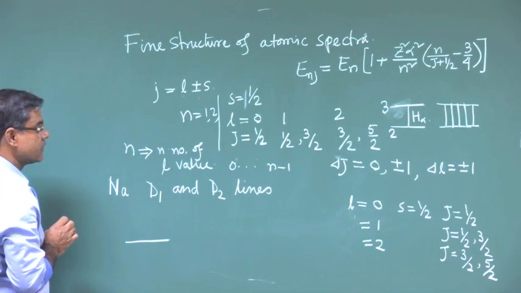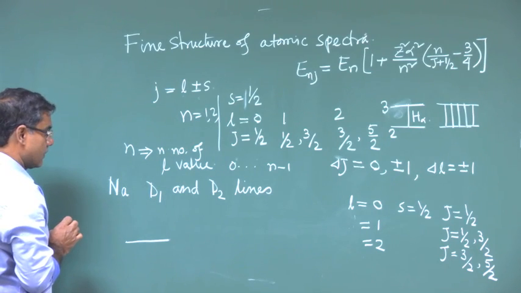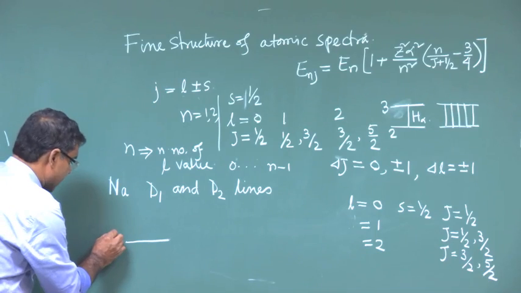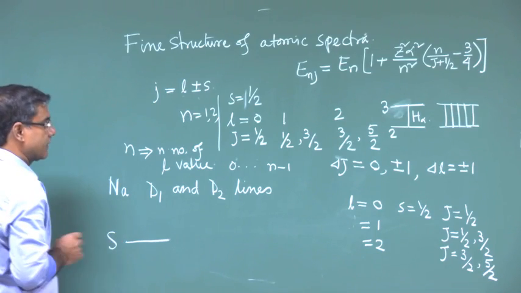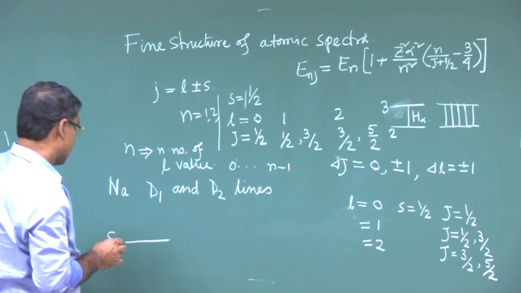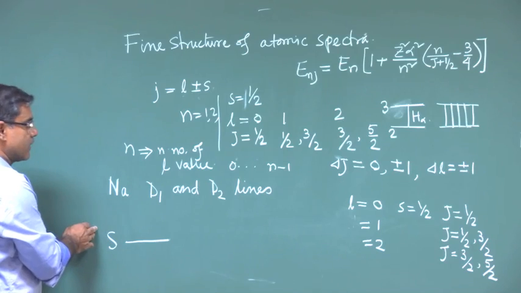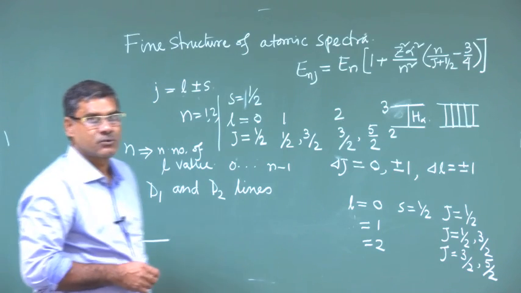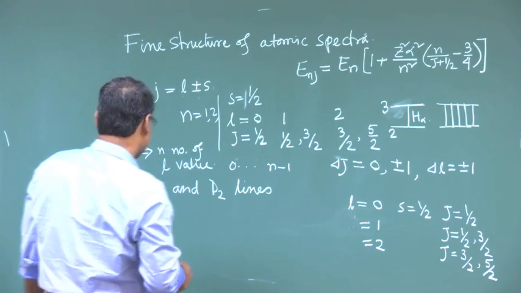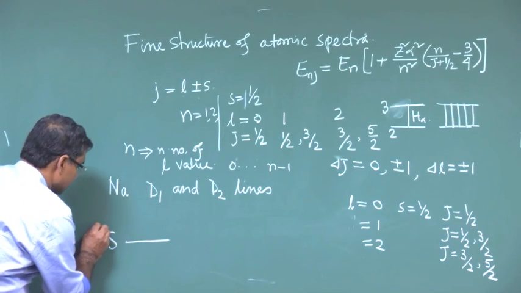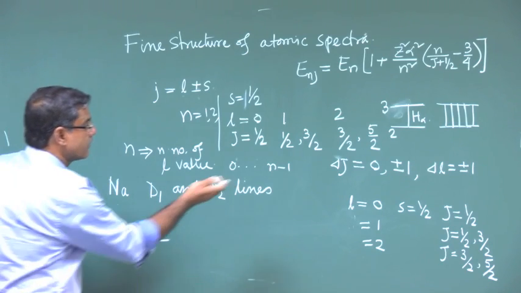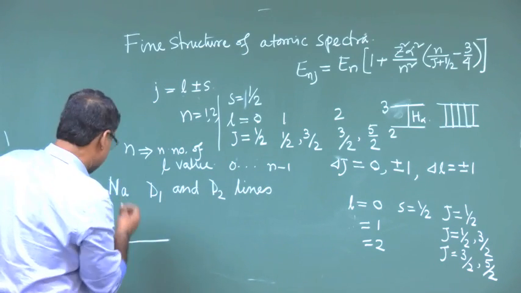L equal to 0 is S, and S equal to half, multiplicity 2S plus 1 will be 2, and J equal to half.